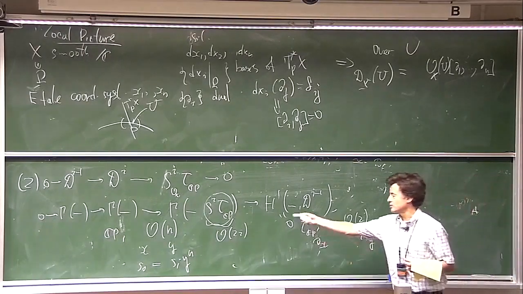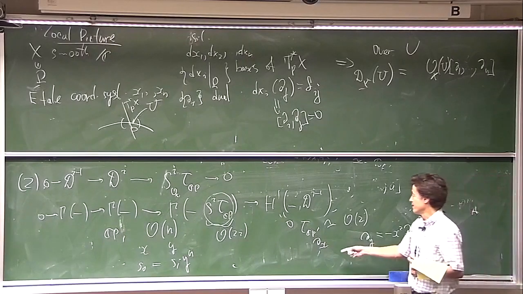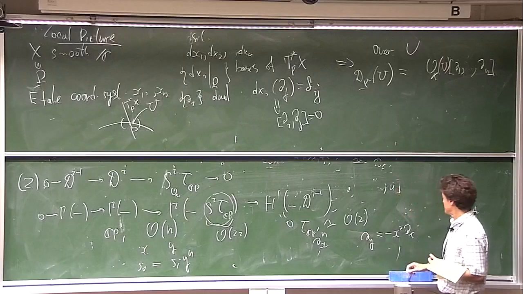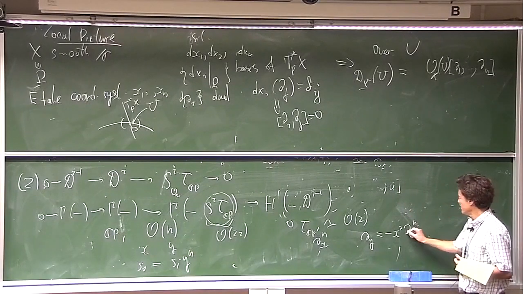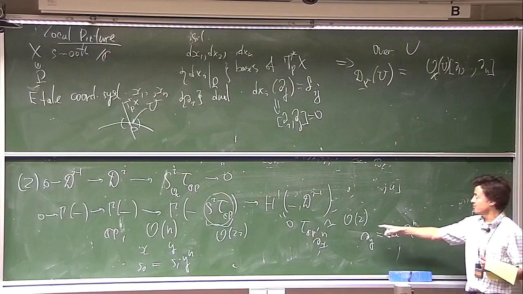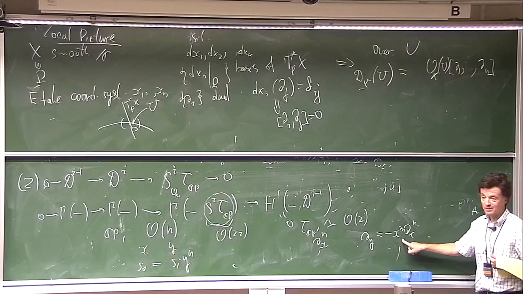Yeah, well, overall sign is not a big deal. In general, you write the nth power. So you will have x to 2n. You immediately see, by the way, the difference between the symmetric power and the differential operators.